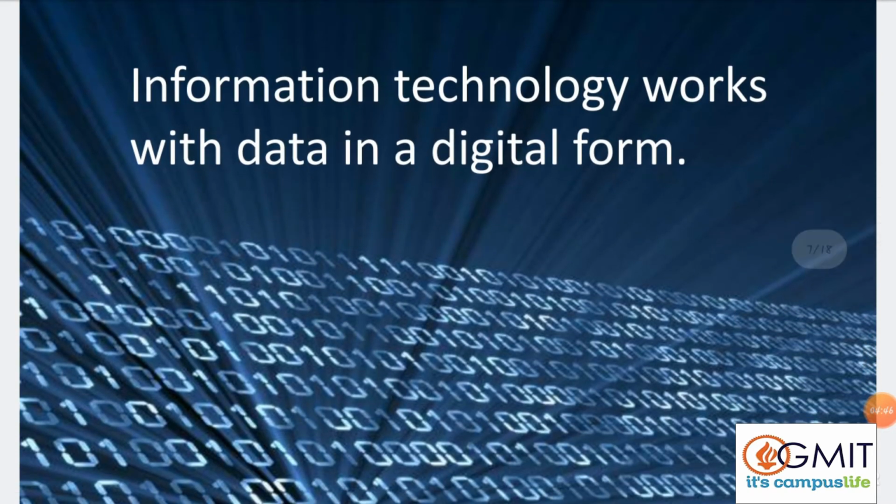Nowadays in computer science and information technology we work with data, and data is always in digital form. For data science, machine learning, deep learning, big data and data mining, the data is always in digital form, not in continuous or analog form.